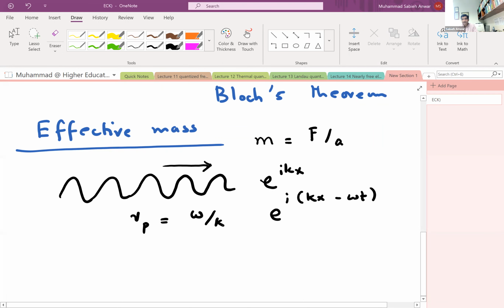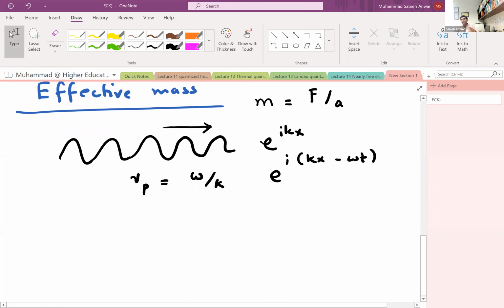This is something that you learn in your basic wave mechanics or modern physics courses. However, it is also possible that waves of different kinds and different k values all combine together and form what is called a wave packet. A wave packet of this kind.